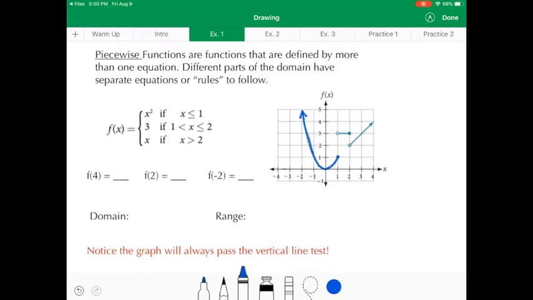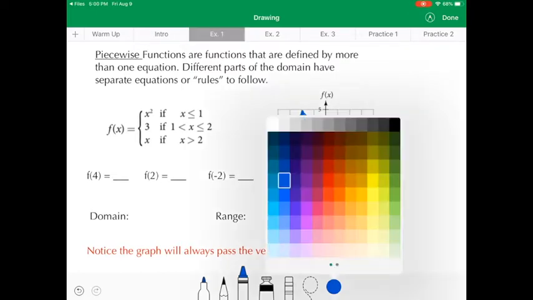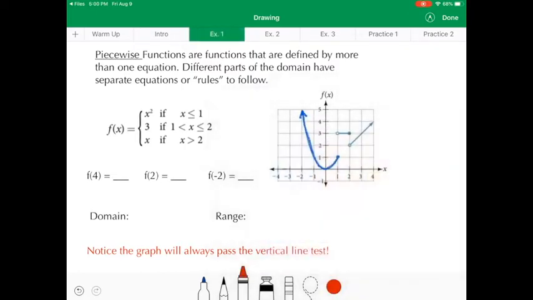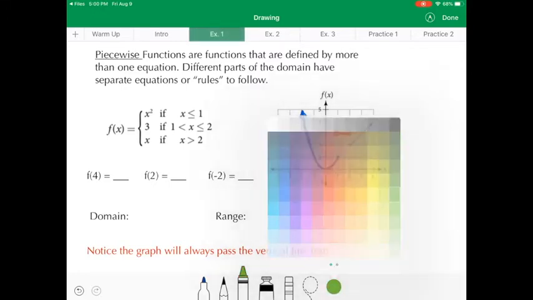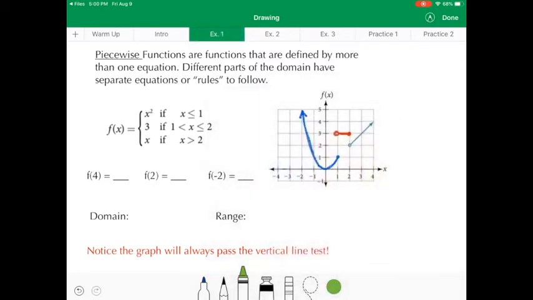The middle rule, f of x equals 3, is a constant function, which we know leads us to a horizontal line, this section right here. Notice that the endpoint on the left does not include 1. The endpoint on the right does include 2. And then the last rule, f of x equals x, that's our identity function right here.